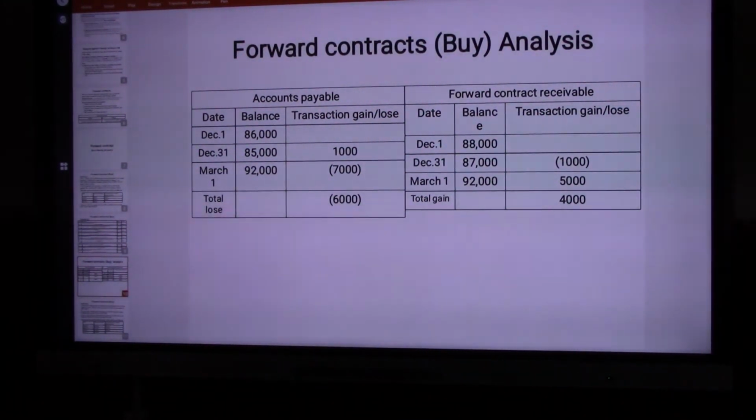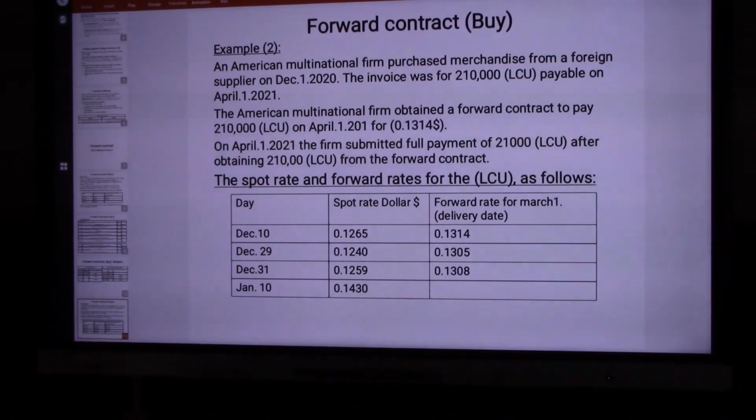تعالوا ناخد another example and test yourself if there is anything wrong or you understand till now. Saying an American multinational, the second example ليك، شوف انت كده الدنيا ماشيه تمام ولا في مشكله. An American multinational firm purchased merchandise from a foreign supplier on December 1st, 2020.